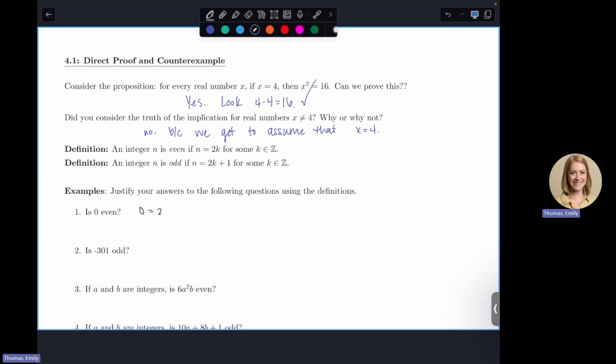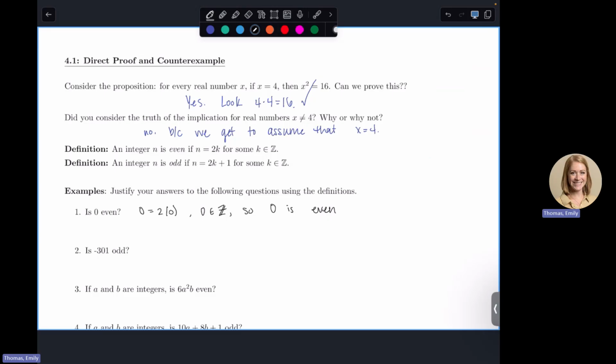So 0 is equal to 2 times 0. 0 is an integer, so 0 is even. It's weird to use the number as the integer, but whatever. This is an element, and this is a blackboard bold Z, Janelle. I don't know why you would have trouble with that, but look, that looks very fancy. Look, I typed it.